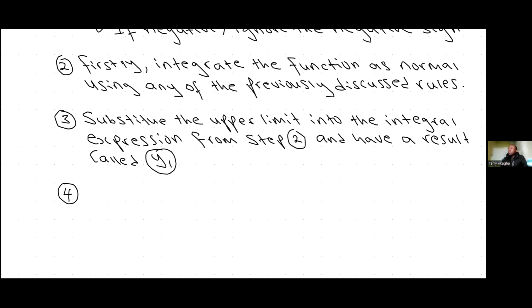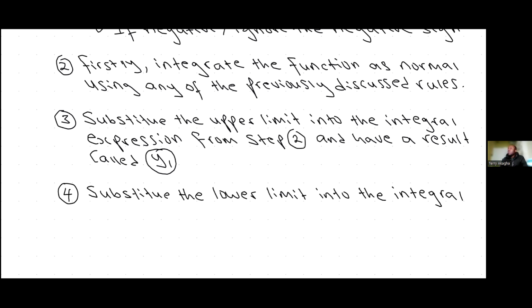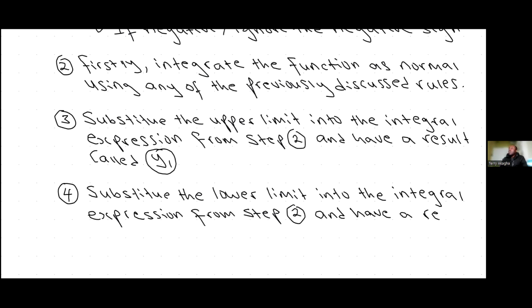So the next thing you do, you substitute the lower limit into the integral expression from step 2, and we're going to have a result. Let's call this result y2.